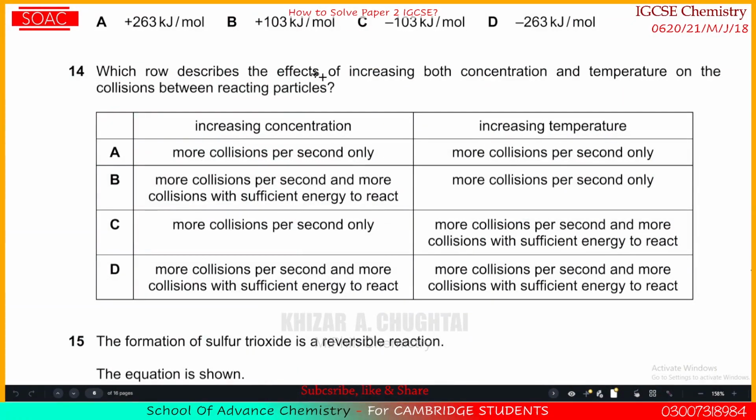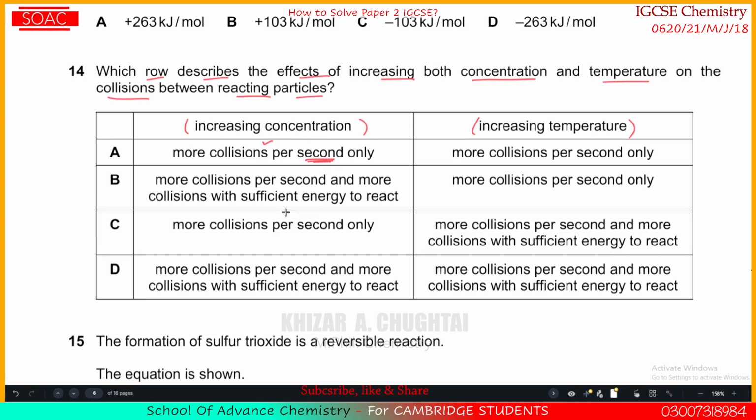Question number 14. Which row describes the effect of increasing both concentration and temperature on collisions between the reacting particles? This column is showing increasing concentration and this column is showing increasing temperature. Basically, increasing concentration increases the number of collisions per unit time, per second, per minute, per hour, and so on.